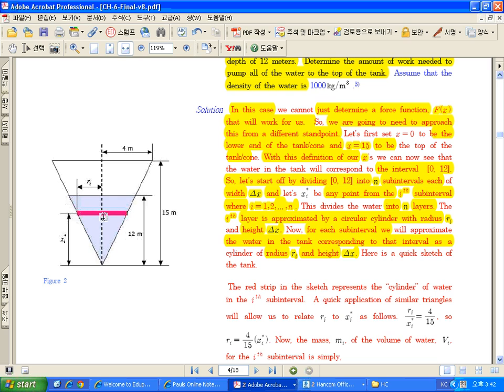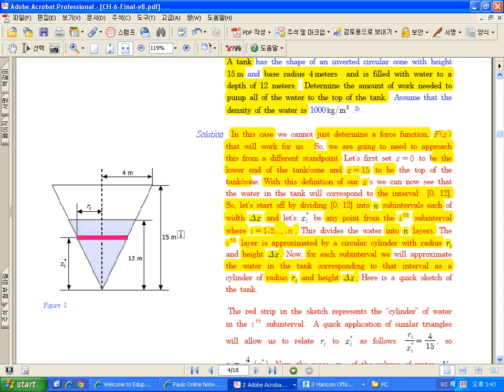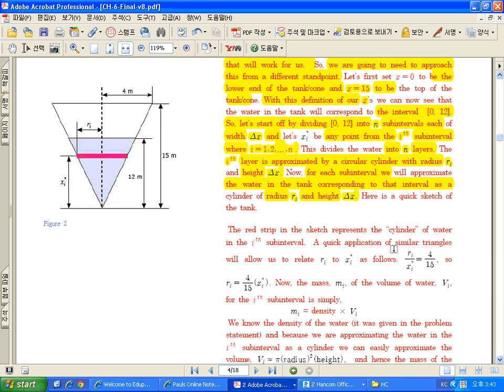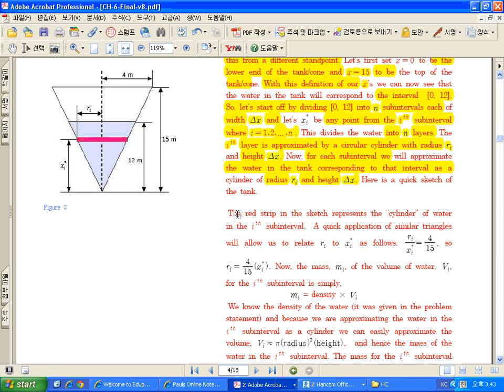What is the volume of this layer in this cone-shaped circular cone tank? Let the strip in the sketch represent the cylinder of water in the ith subinterval.